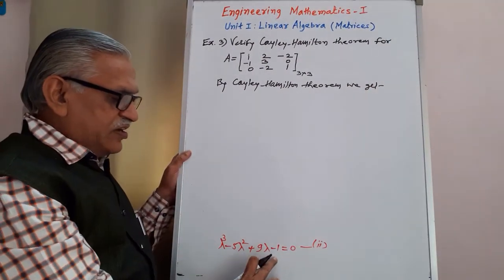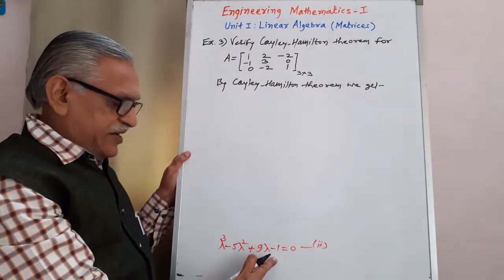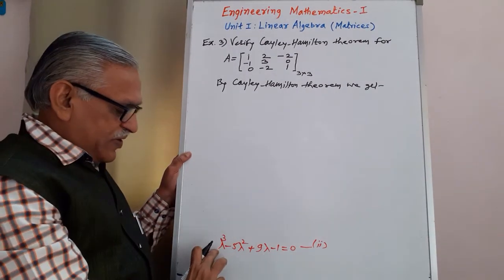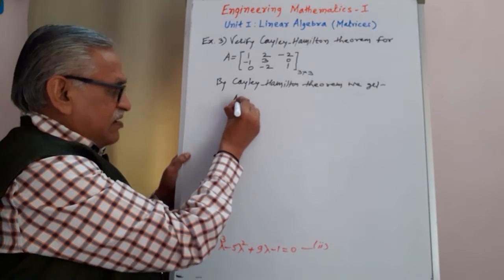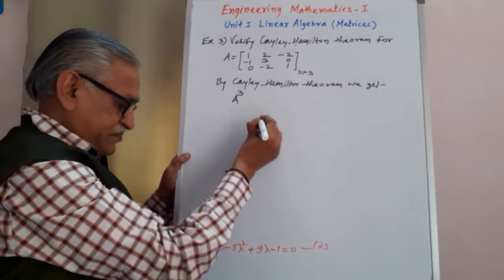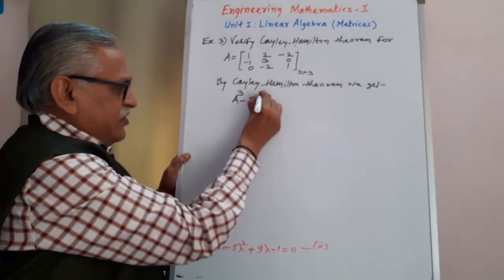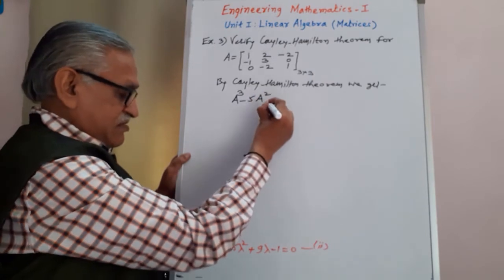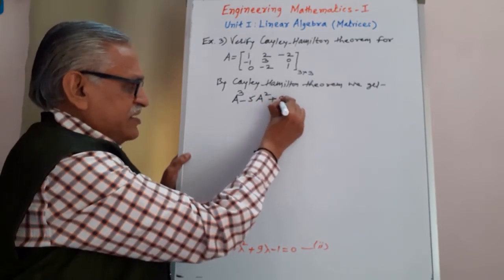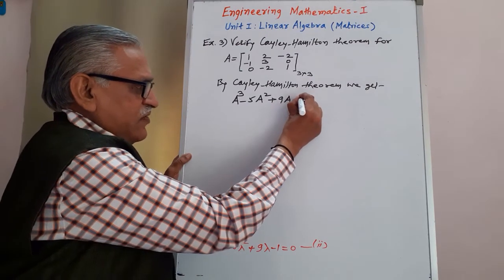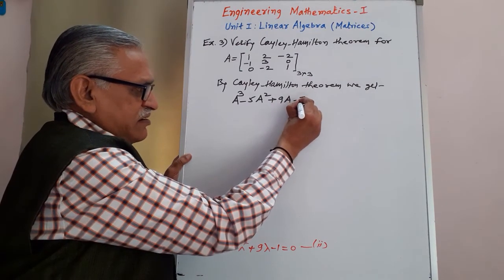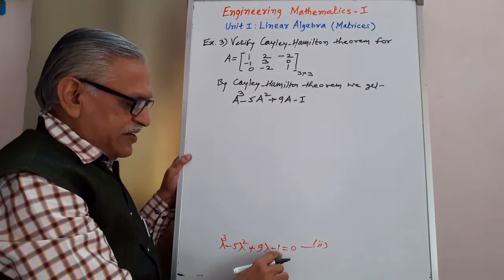This equation is satisfied by that matrix A itself, and therefore replacing lambda by A, we have that equation as A cube minus 5A square plus 9A minus 1. 1 I will convert as matrix by multiplying it by identity matrix.